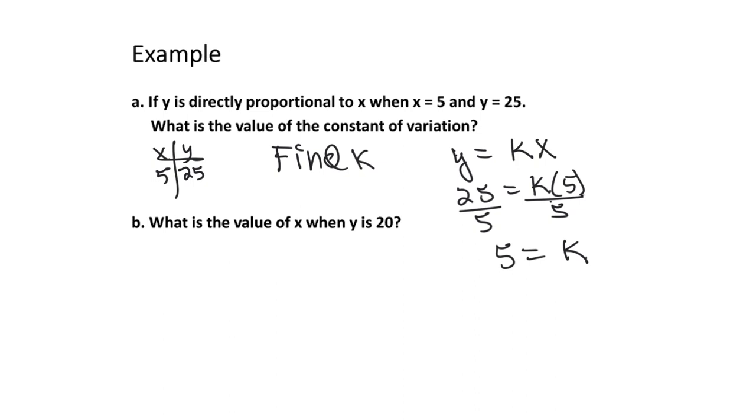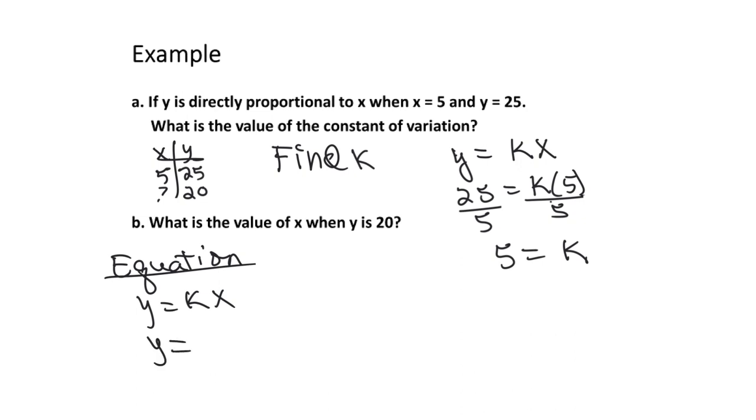All right, the second part of this problem says, what is the value of x when y is 20? So when y is 20, we want to know what x is. First thing I'm going to do is write my equation. And my equation means that I'm going to take the general form and I'm going to replace k with 5.